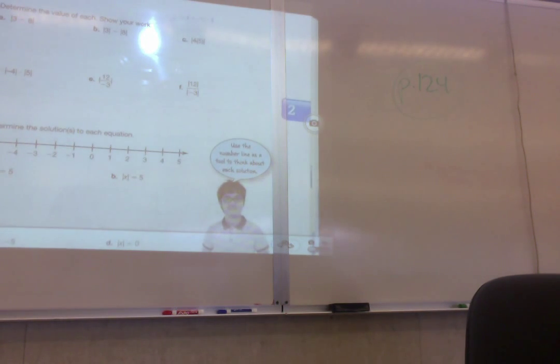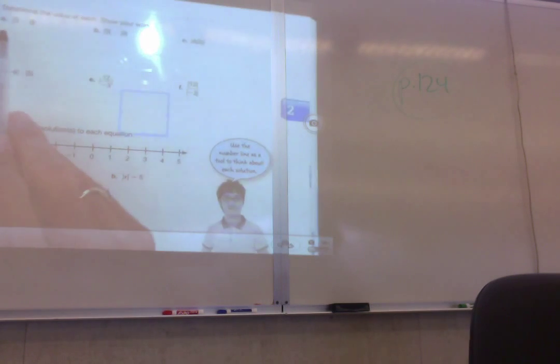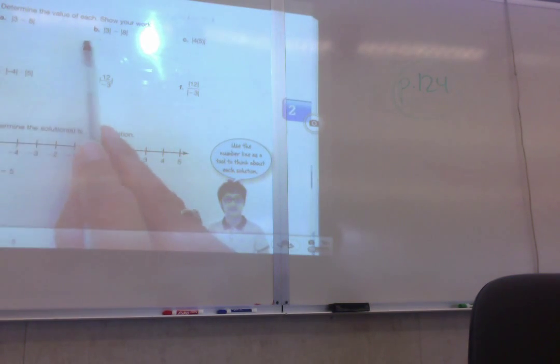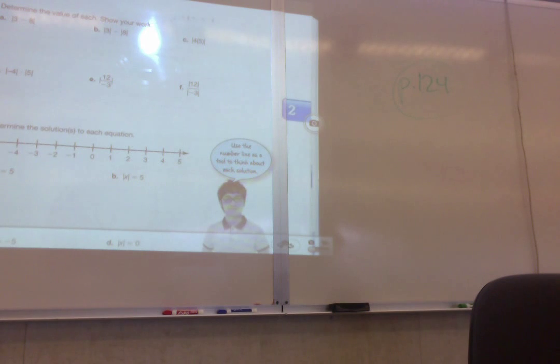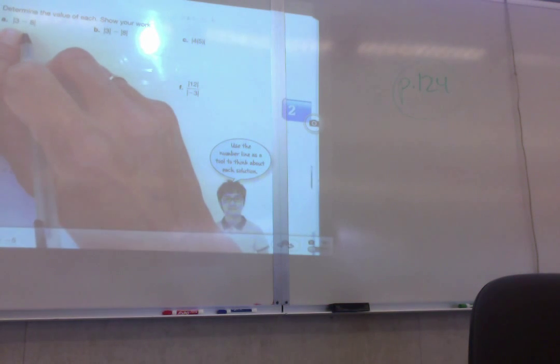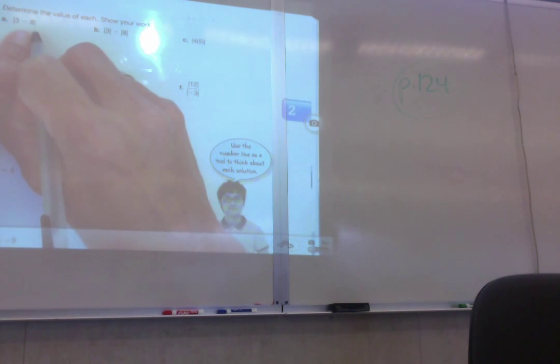This is kind of a fast forward because a lot of this is review, so it's a very quick intro. We have some operations, minus, times, divide, but we have these absolute value signs. What you're going to do is do the math inside the absolute values first before you take out the positive value. Right here I have 3 minus 8.